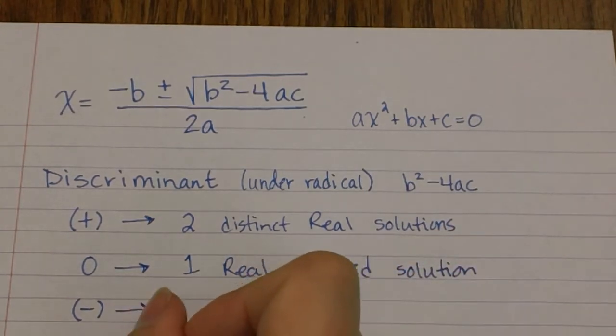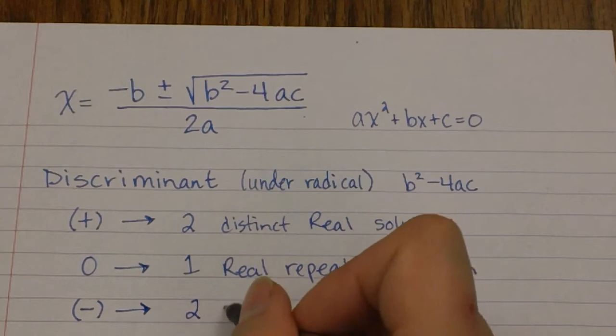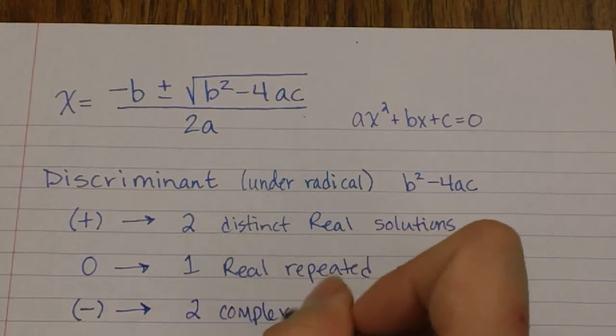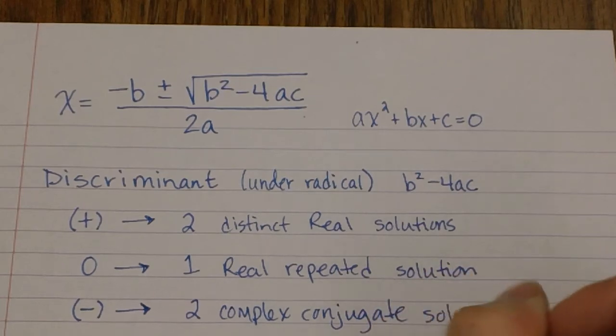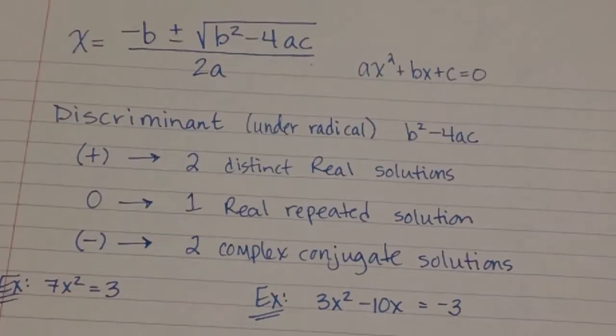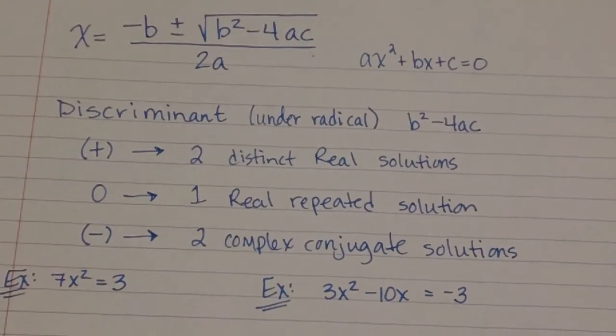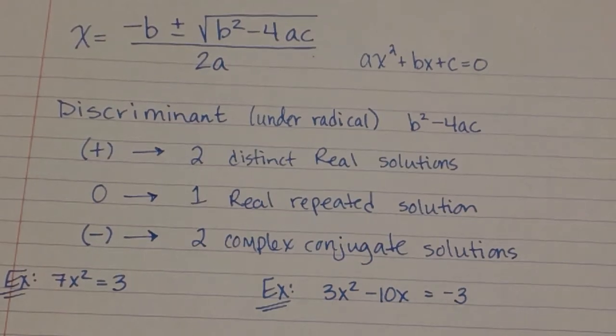And when the discriminant was negative, that gave us two complex conjugate solutions. So what we're going to be working on next is two examples that have a little bit different outcomes than what we started with the first time.